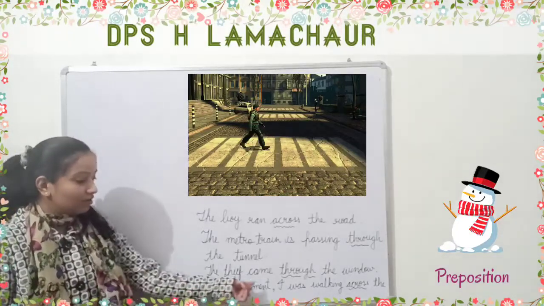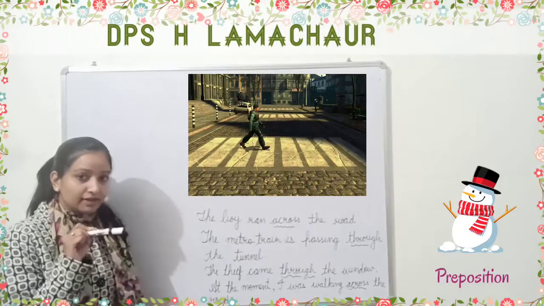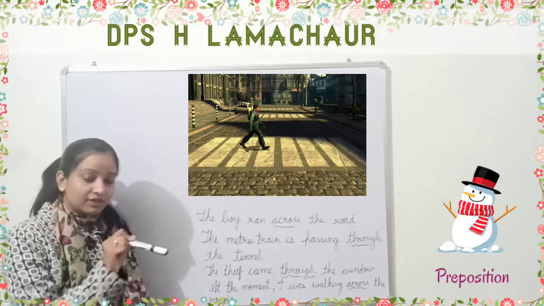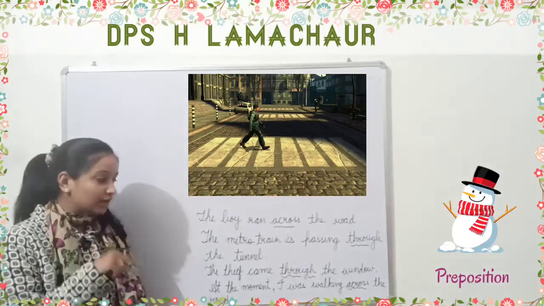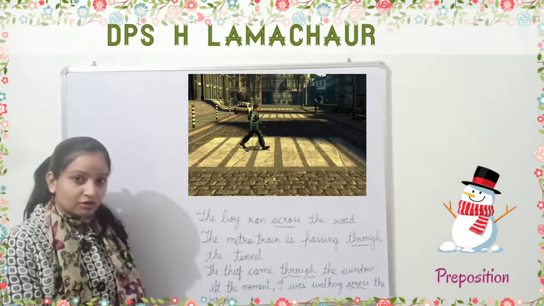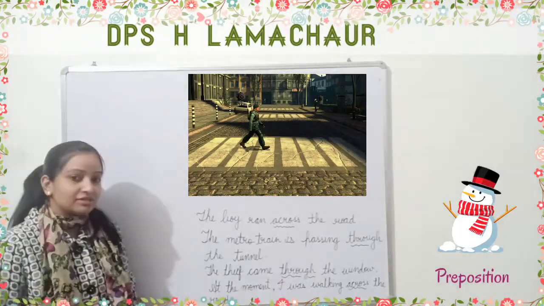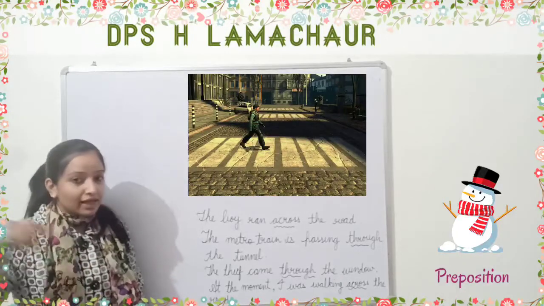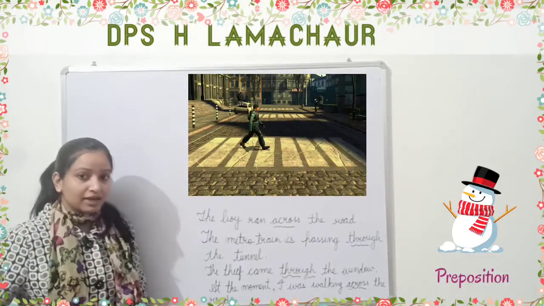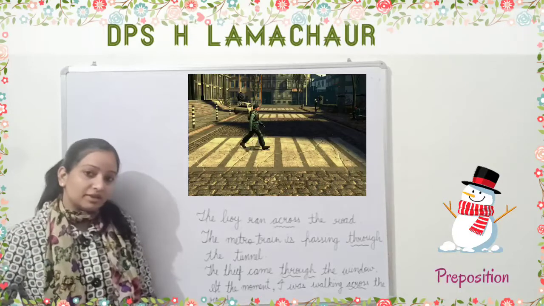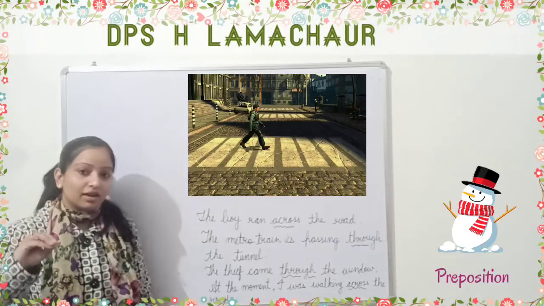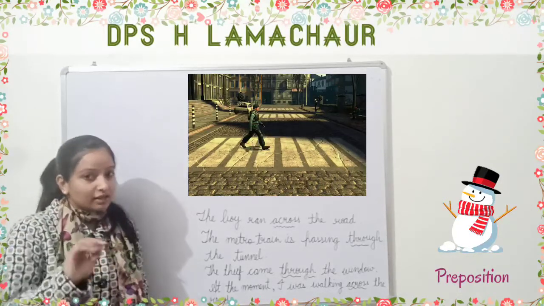So the thief went within, then only he could enter the room through the window. In such a case we use through, when something goes within, then goes to the other side. To go to the other side, something or someone has to go within that thing.